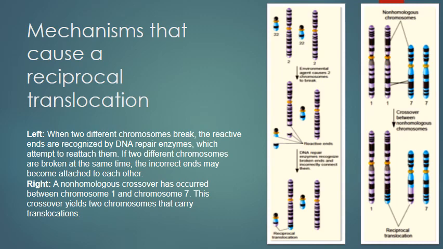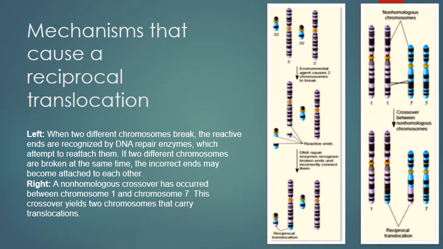However, if multiple chromosomes are broken, the reactive ends may be joined incorrectly to produce abnormal chromosomes. See the left side of the figure. This is one mechanism that causes reciprocal translocation to occur. A second mechanism that causes a translocation is an abnormal crossover, as shown in the right figure. A reciprocal translocation can be produced when two non-homologous chromosomes cross over.